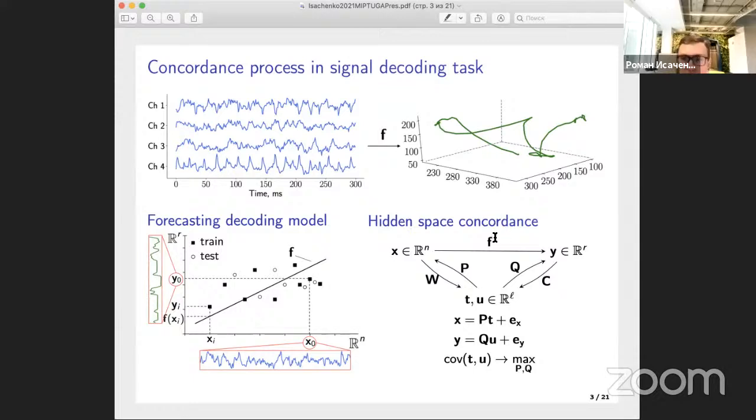In order to do this, the input and target signals are projected into the latent space, which has a smaller dimensionality compared to the dimensionality of the original data description. The operators P and Q restore the input and target variables from the latent space projections. At the same time, it's proposed to concord the projections in such a way that the covariance between the projections is maximum.